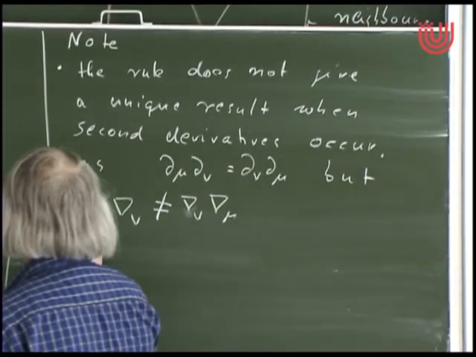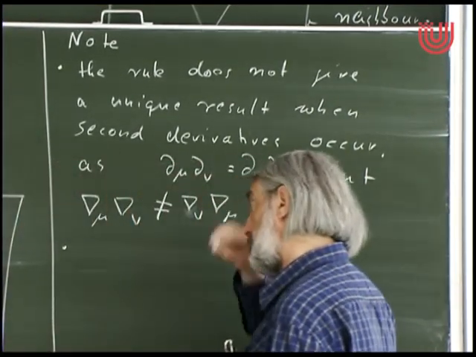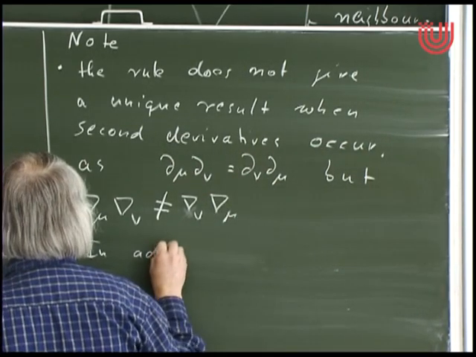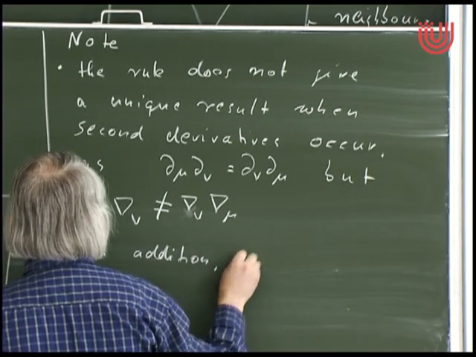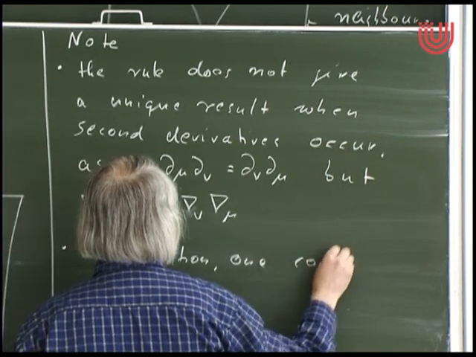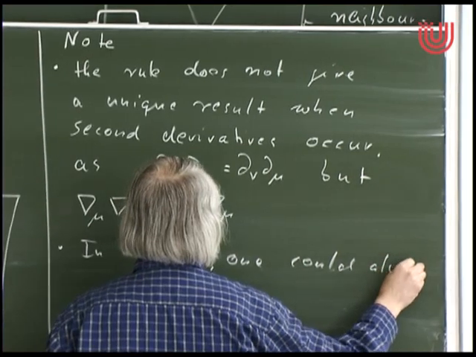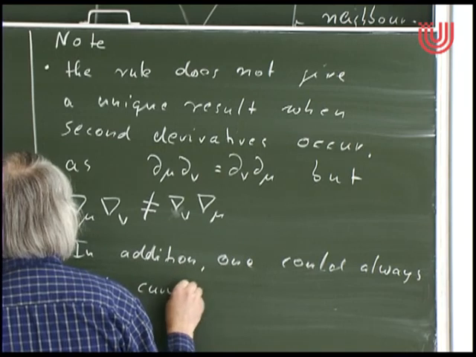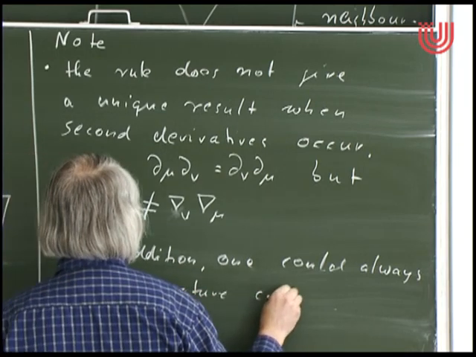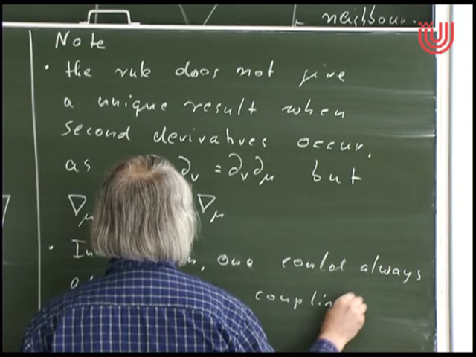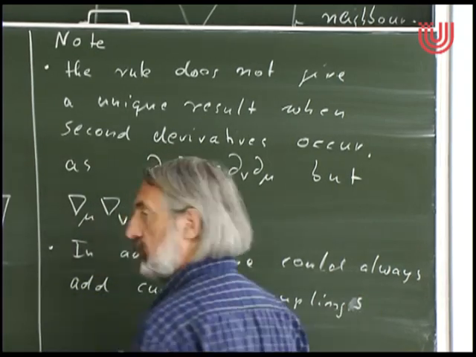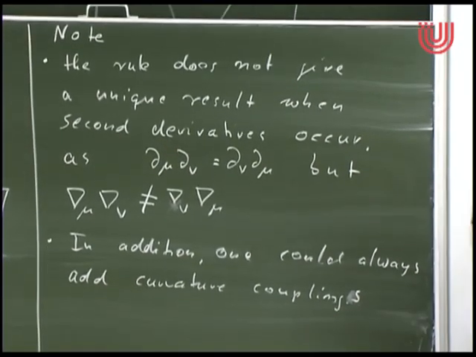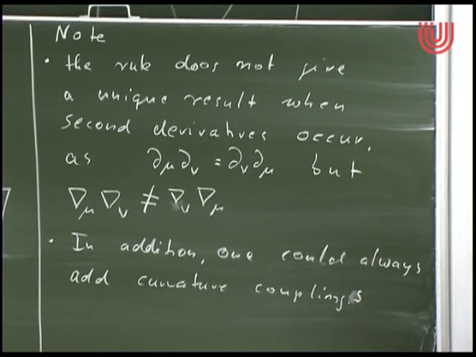And the second observation is, in addition, one could always add curvature couplings, terms which involve the curvature tensor. As the curvature tensor goes to 0 if you go to special relativity, these terms simply drop out.